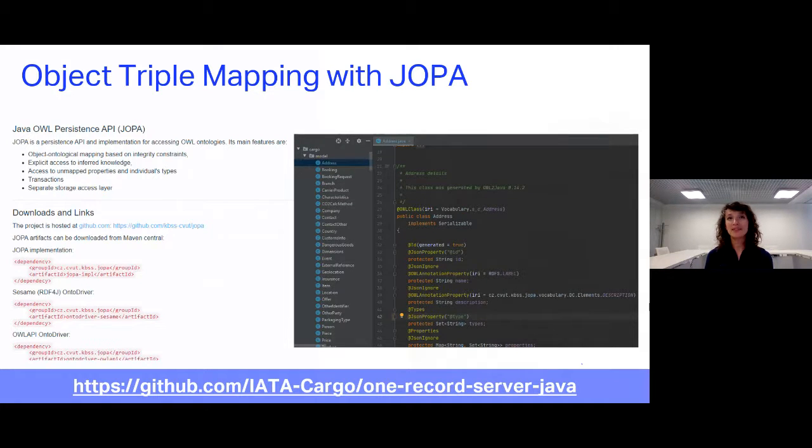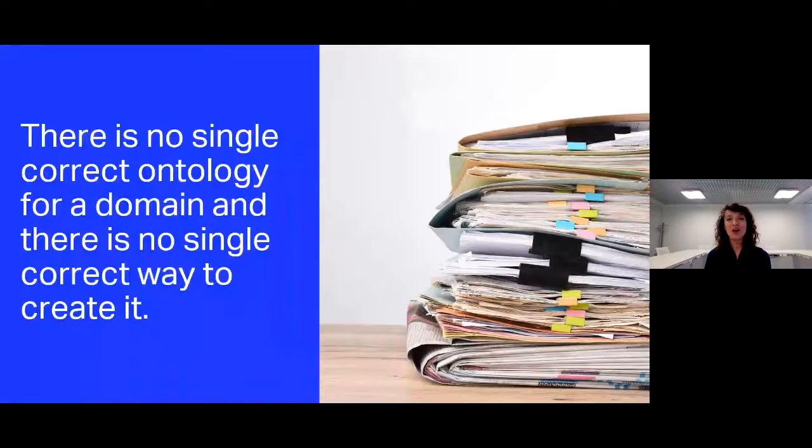Okay, so that was a high-level presentation on how we created the one record ontology and which tools we have used for that. As Rene has also said earlier, I'm insisting that there's no single correct way to create an ontology and to implement it.